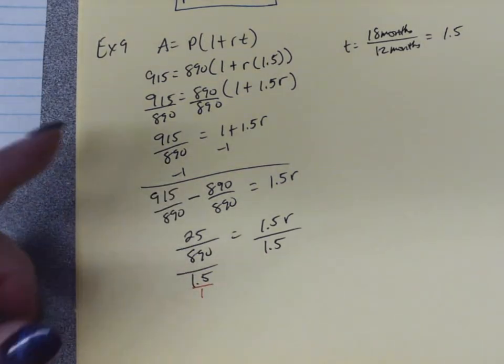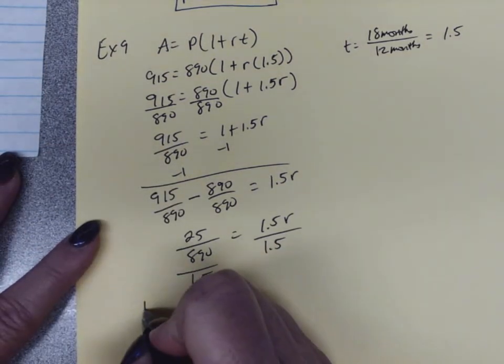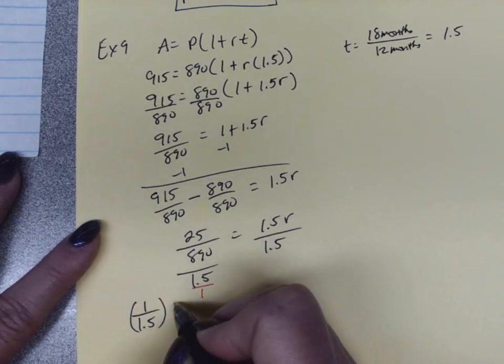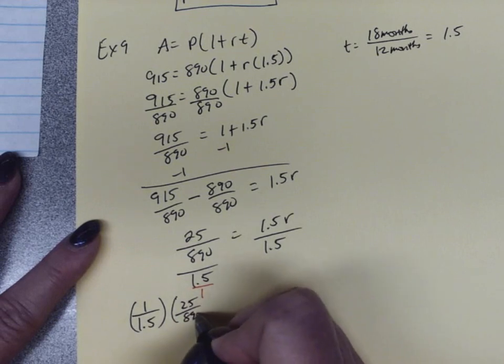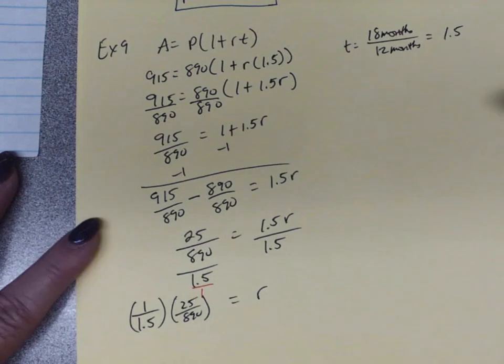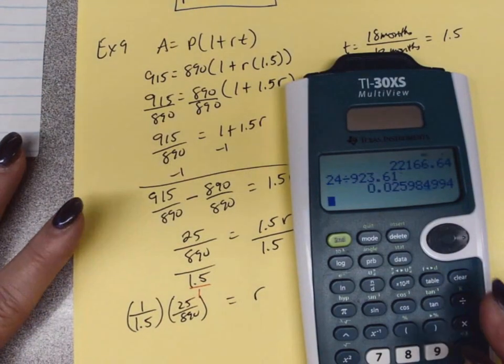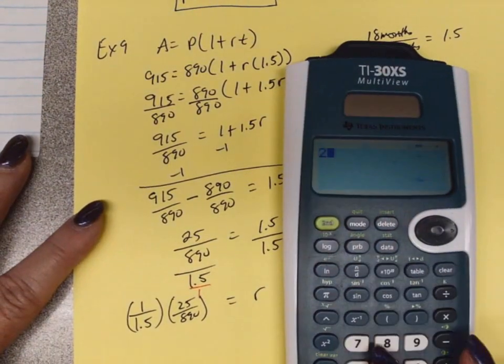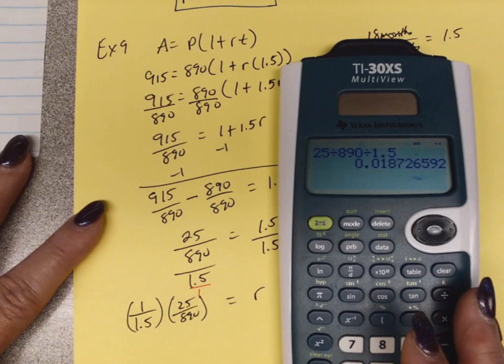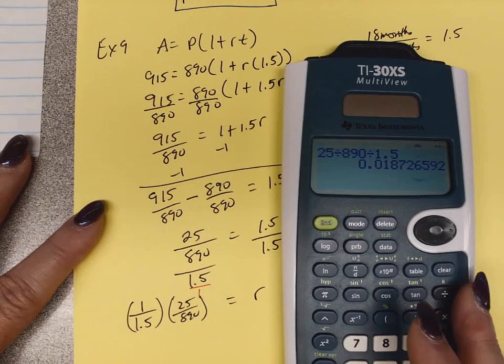If I was doing this all on paper, I would end up with 1 over 1.5 times 25 over 890 equal to my R. And you'll get the same answer, just let's show that real quick. So 25 divided by 890 and then divide by 1.5, we get 0.0187265.